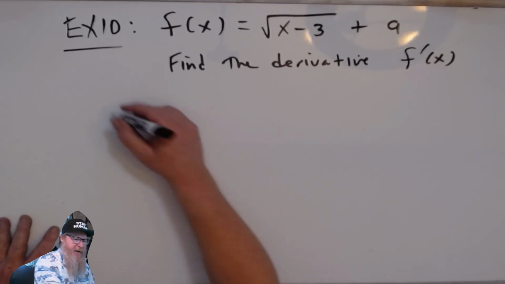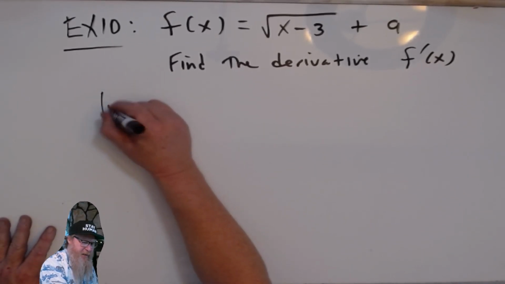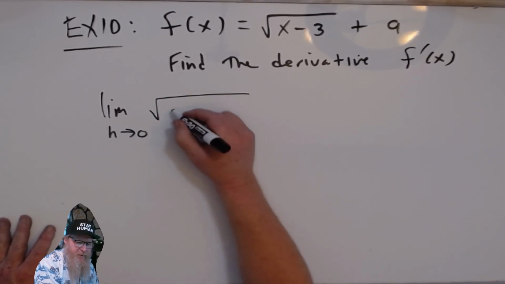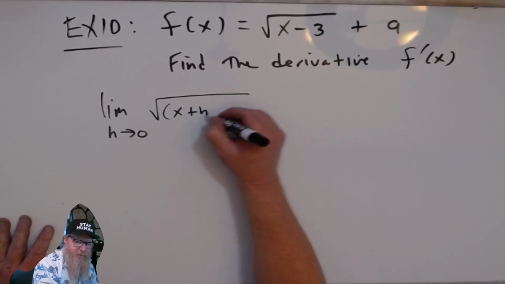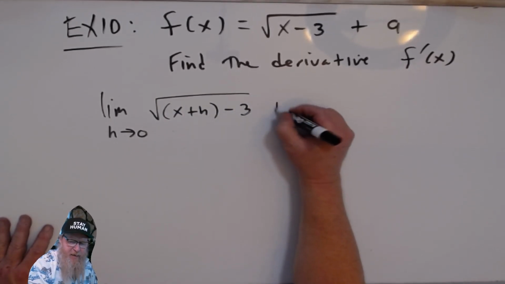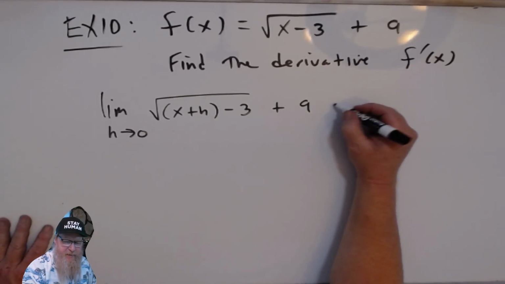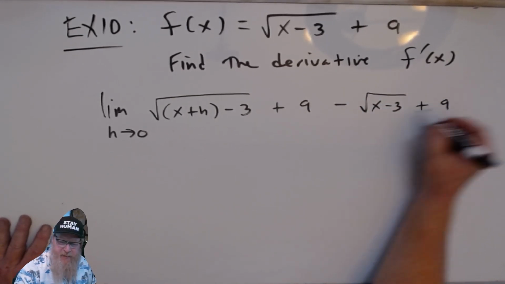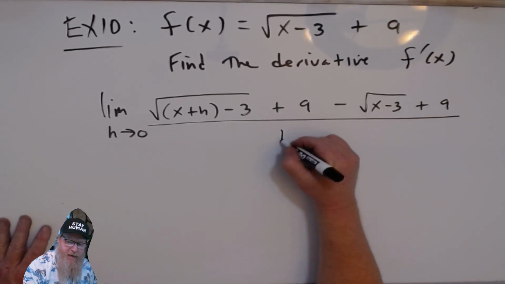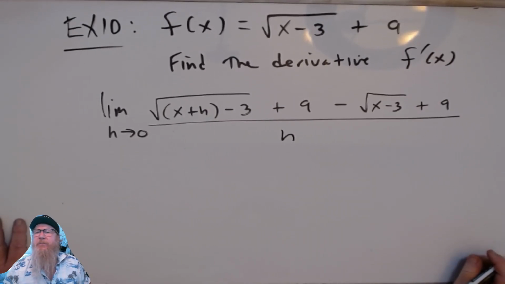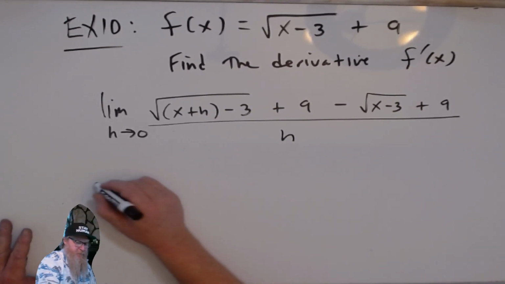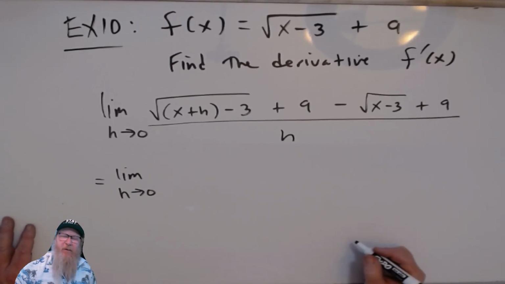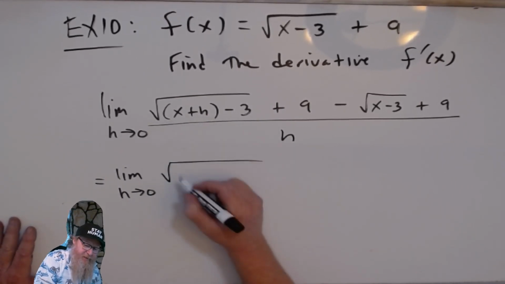All right, we got it. So the limit as h goes to 0 of the square root of x plus h minus 3 plus 9, minus the square root of x minus 3 plus 9, over h. I don't really need these parentheses.